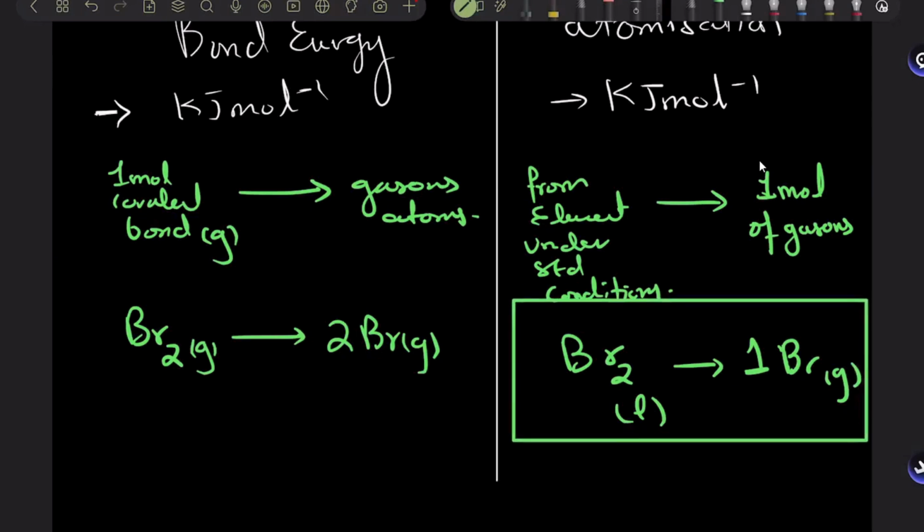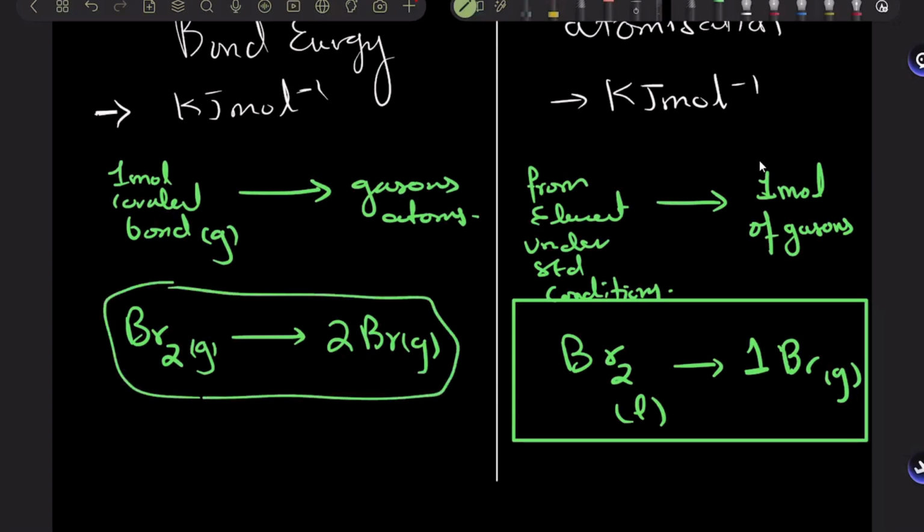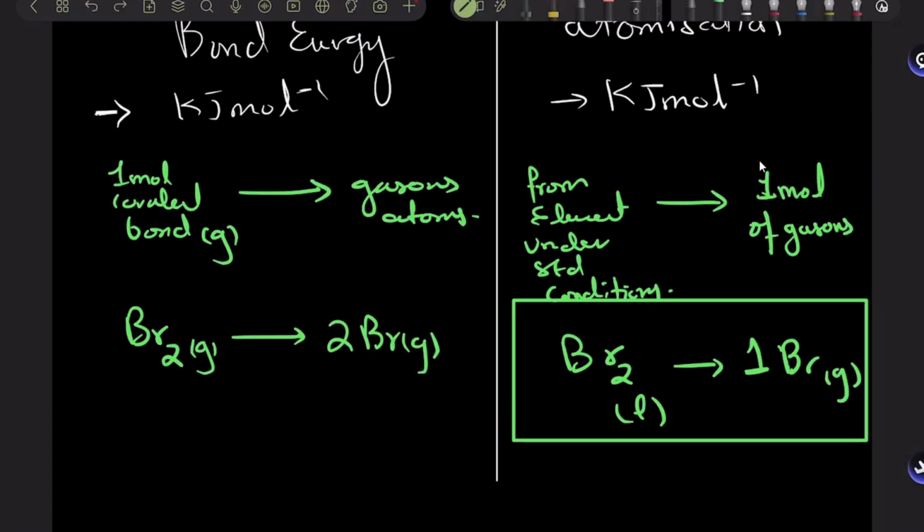Bond energy starts from a covalent gaseous molecule and breaks off into gaseous atoms. But in atomization, you're making 1 mole of a gaseous atom, starting from the element in its standard state. Bromine at room temperature exists as a liquid, not as a gas. But in bond energy, you start from bromine gaseous. So there's a difference between both of them.